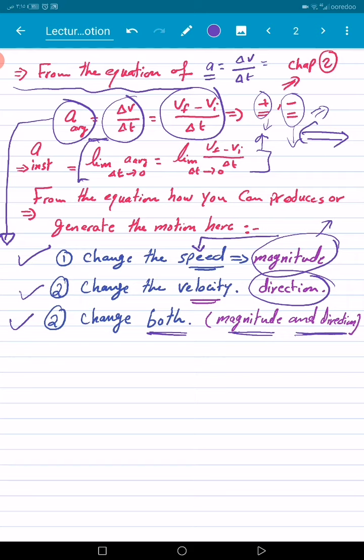Number 1, change the speed as a magnitude. Number 2, change the velocity as a direction. Number 3, I can change both the speed and the velocity, so I can generate or produce circular motion from the equation of the average acceleration.